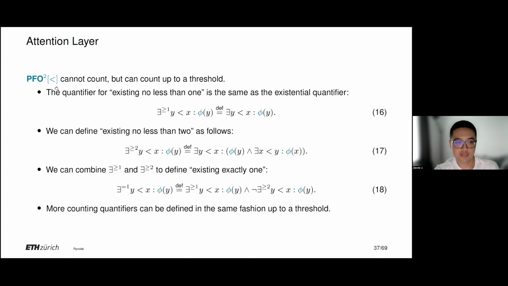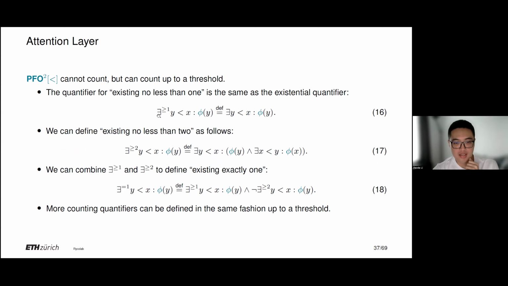Without counting quantifiers, PFO2 cannot count. However, what it can do is count up to a threshold. We will illustrate this with some examples. The standard existential quantifier just means existing no less than 1.